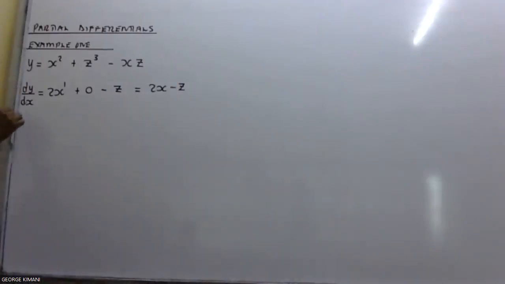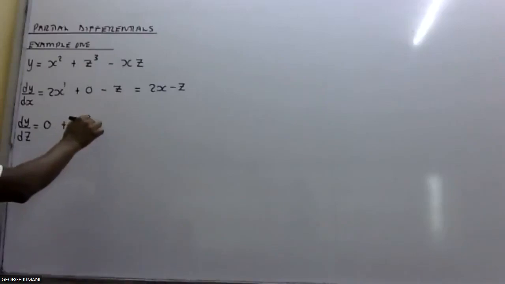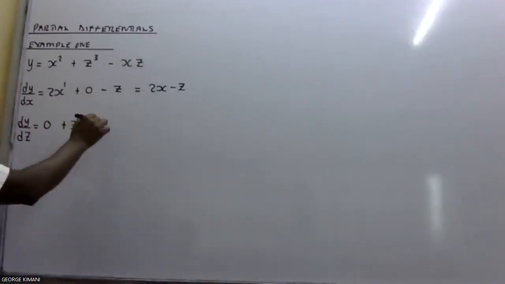Then if you are told to differentiate dy dz, this one becomes 0 because it does not have z. This one becomes 3z squared, minus, this one becomes 1, so we are left with x. So minus x.